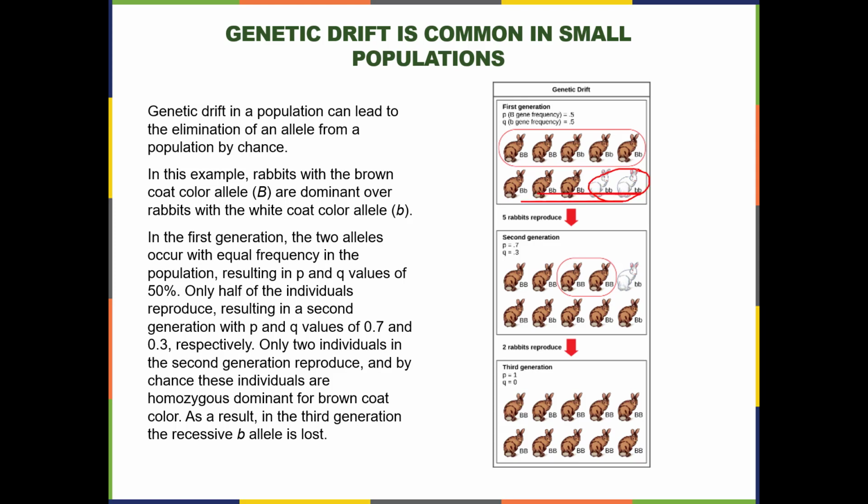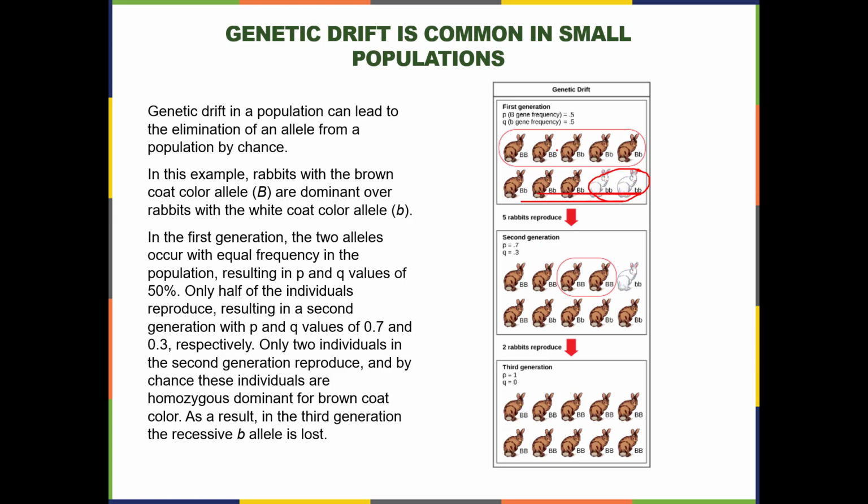What if these were the only ones that made it? Which again, in rabbits is kind of crazy, but there's a lot of importance to what happens in this population as to how much influence it's going to have on the next generation of the same population.